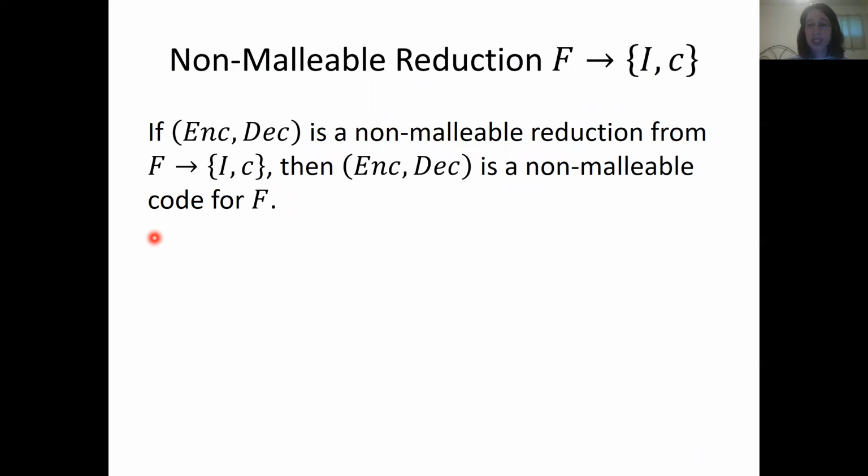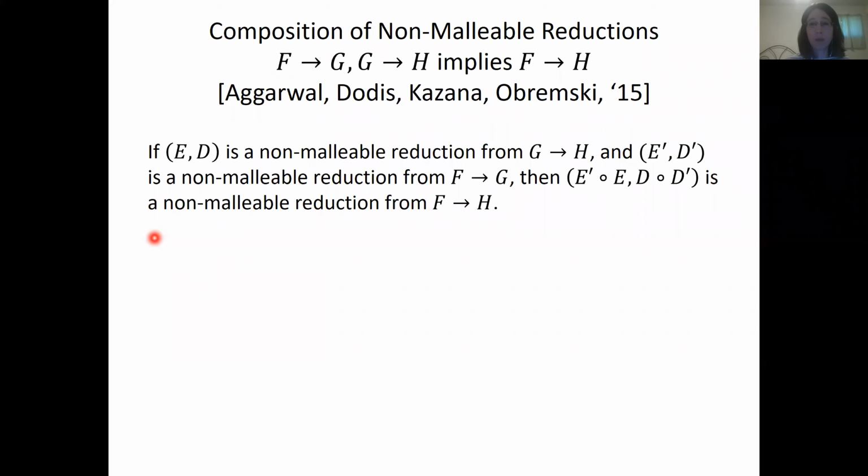So the first thing that we can clearly see is that if we have a non-malleable reduction from the class F to the class that contains identity and constant functions, then we have a non-malleable code, just by the definition that we gave. And another nice property is that non-malleable reductions compose.